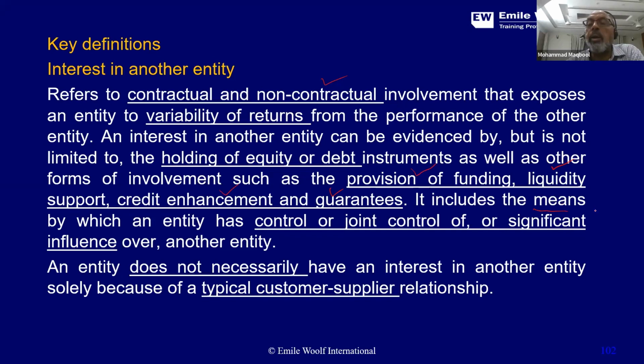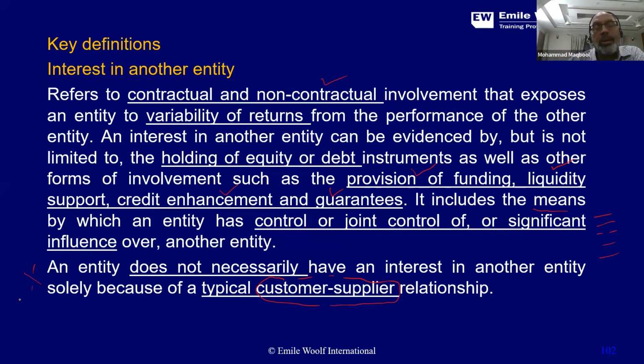Like in the case of significant influence, it shows you a list of 4 or 5 items, like interchange of technical information, transfer of personnel, participating in the board, and so on. An entity does not necessarily have an interest in other entities solely because of a typical customer-supplier relationship. Although customer and supplier also have an interest in each other, that is excluded from our discussion.